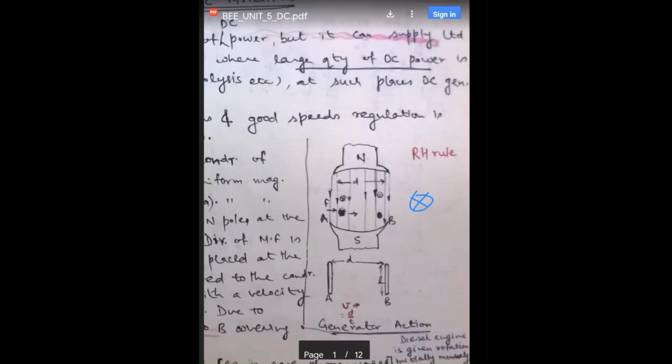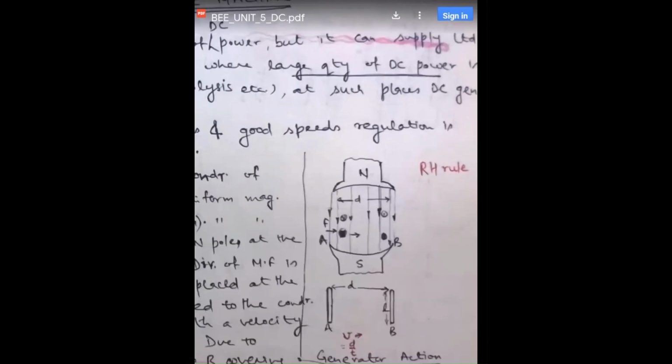And if we reverse that screw, then we can see only the tip of that screw. Okay, so that is the dot representation, and this is the cross representation. This is the difference, and it is important to remember this. Okay, so this is how we can understand the working of a DC machine.